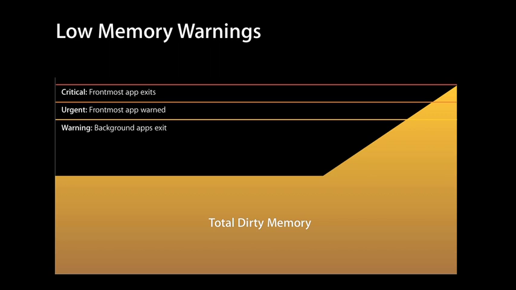But now, on iOS 5, when background apps have all been exited, we warn the frontmost app, which is a way of saying that as the frontmost app, your head is on the chopping block. You're the last one that we can ask to help be better about memory. So you need to make sure you're responding to memory warnings.